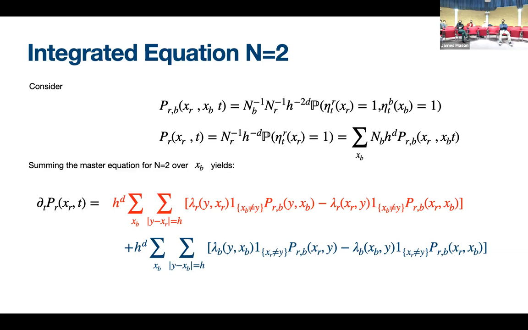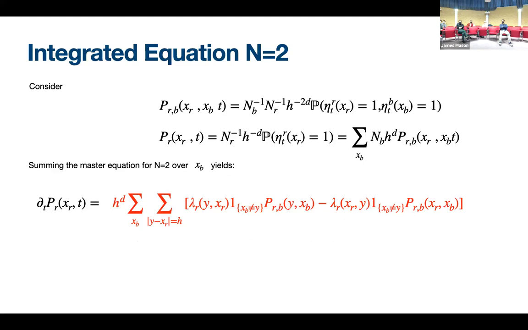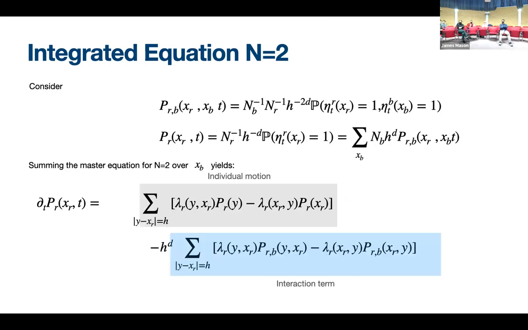On the left-hand side, we get the time derivative of the single particle density for a red particle. On the right-hand side, we have these sums that we need to evaluate. The blue term actually completely cancels out, so this ends up disappearing. And we're left with this red term. When we add and subtract these terms that we've missed out here, this ends up giving us this equation.